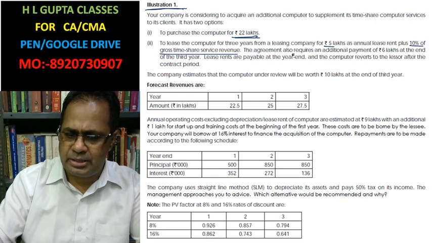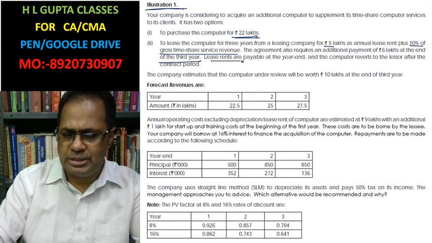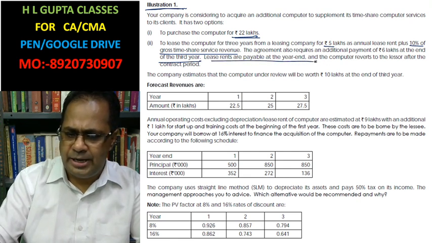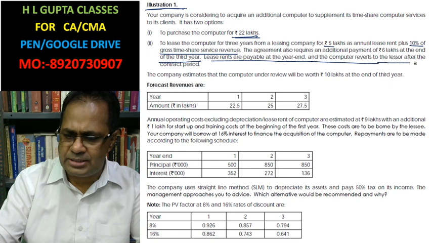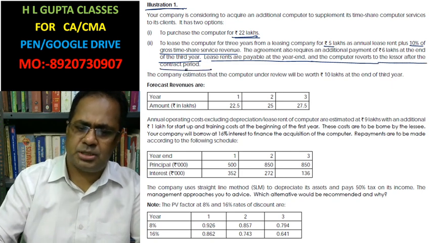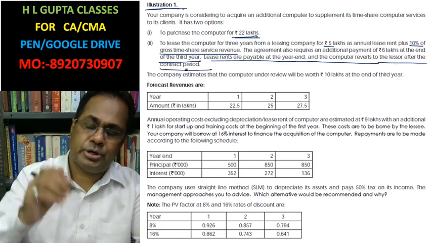The lessor also requires an additional payment of rupees 6 lakh at the end of the third year. The lease rent is payable at the year end, and after the contract period you have to return the computer to the lessor.